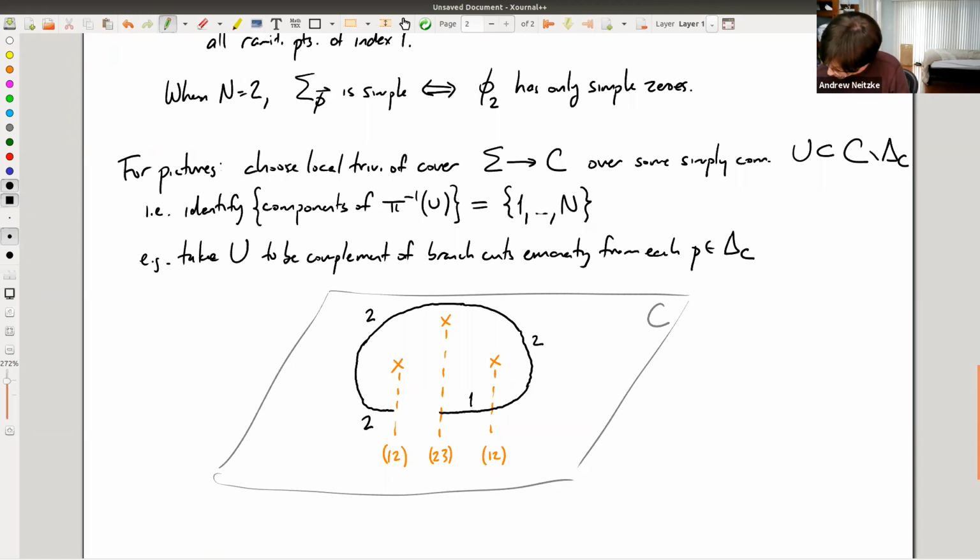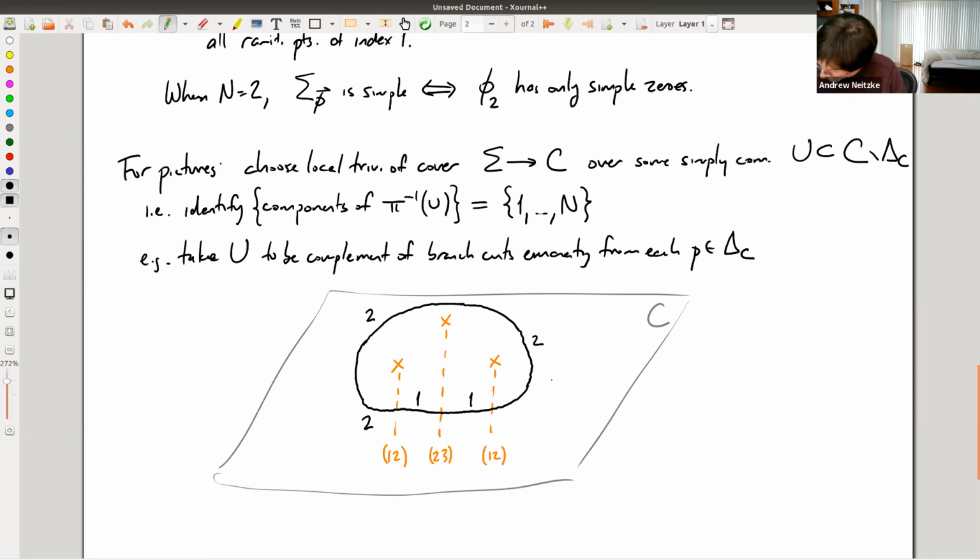Then as it goes through here it crosses this cut, but at this cut, sheets 2 and 3 are interchanged. Sheet 1 isn't affected at all, so it's on sheet 1 here. And then when it comes back to the left, it crosses this cut and goes from 1 back to 2 again. So this is a representation of a closed curve on sigma, but drawn on the base. So those kinds of pictures will be convenient for us.